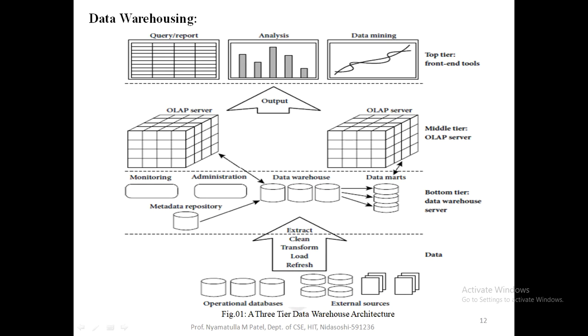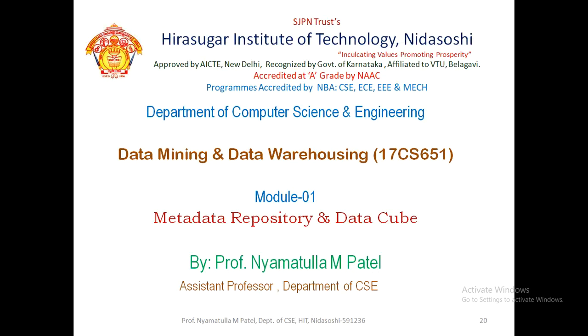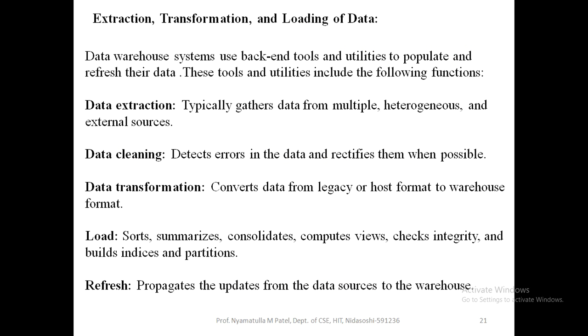So here we have seen, before data is given to the bottom tier of the data warehouse server, we perform extraction, cleaning, transformation, load and refresh operations. Data warehouse systems use backend tools as well as some utilities in order to populate and refresh their data. These tools and utilities include the following functions.